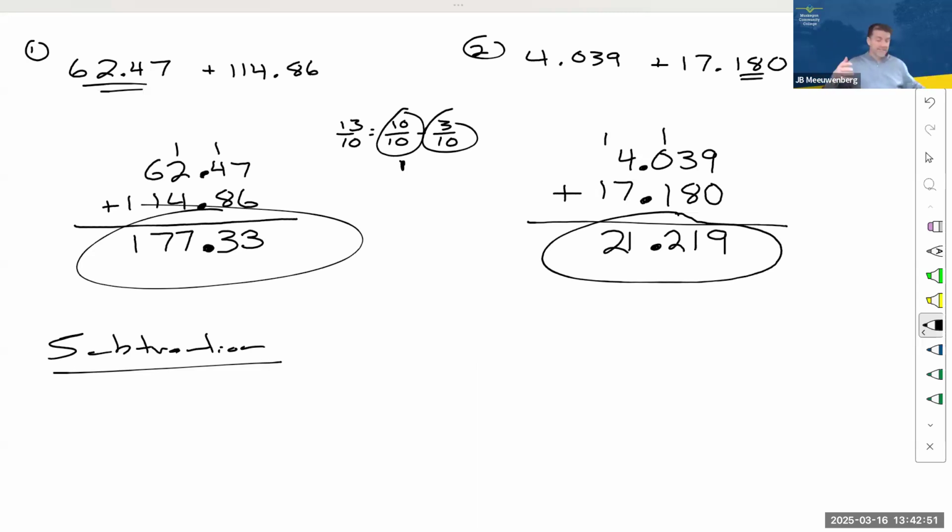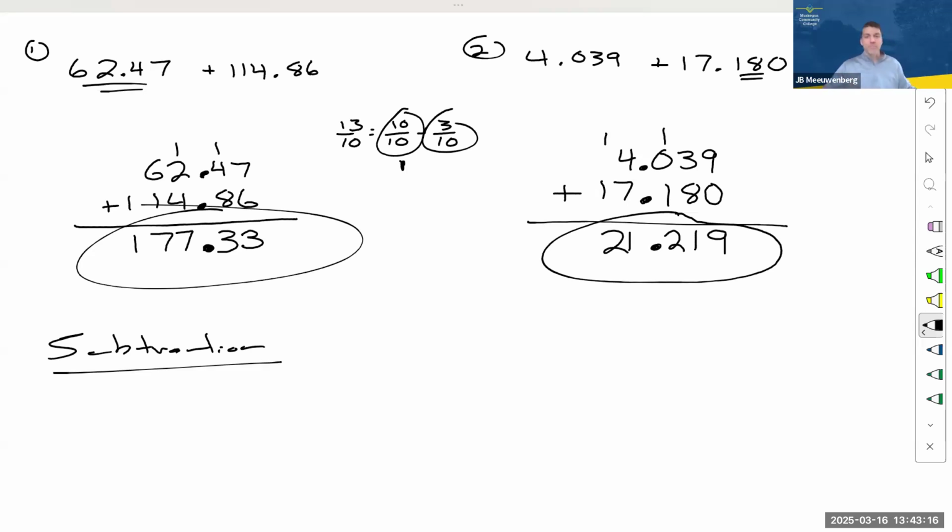It can be thought of as the comparison concept, where you're comparing one value to another value and looking at the difference between them. And it can also be thought of using the missing addend concept, where you start with the smaller number and you say, how much do I need to add to get to the bigger number? And so we're going to model all three of those just to revisit them.